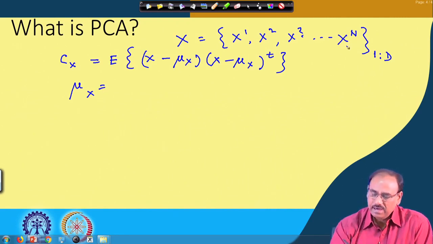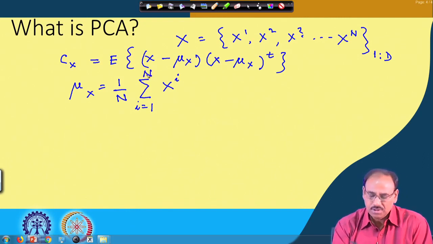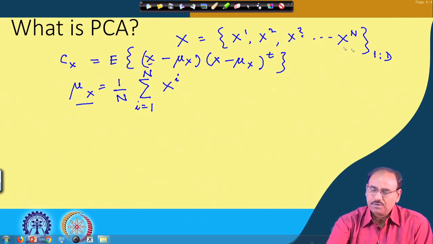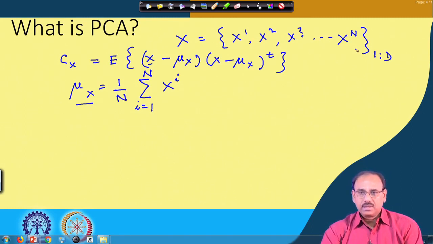So, I have n number of input vectors, so this will be 1 upon n sum of x_i, where i varies from 1 to n. So, this is my mu x, and x is each of these individual vectors. So, I define the covariance matrix of the set of input vectors as the expectation value of (x minus mu x) into (x minus mu x) transpose.